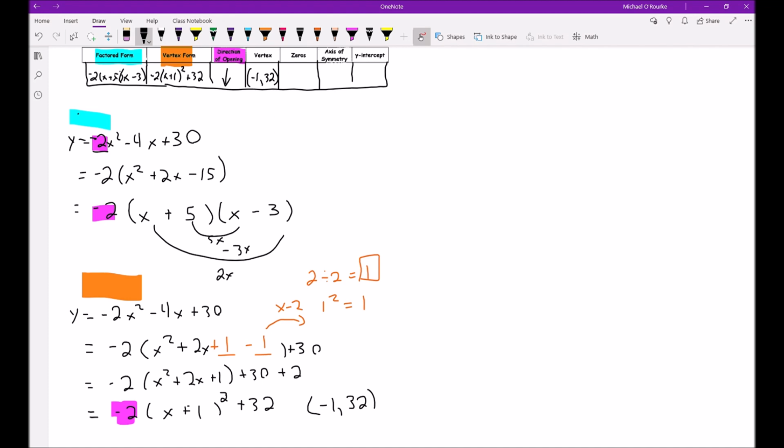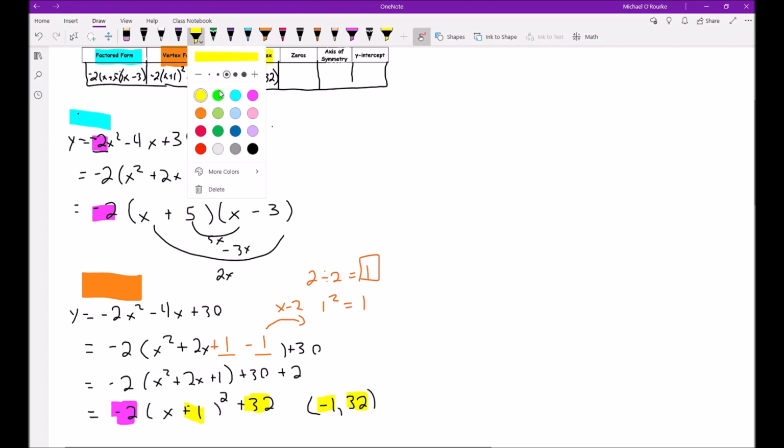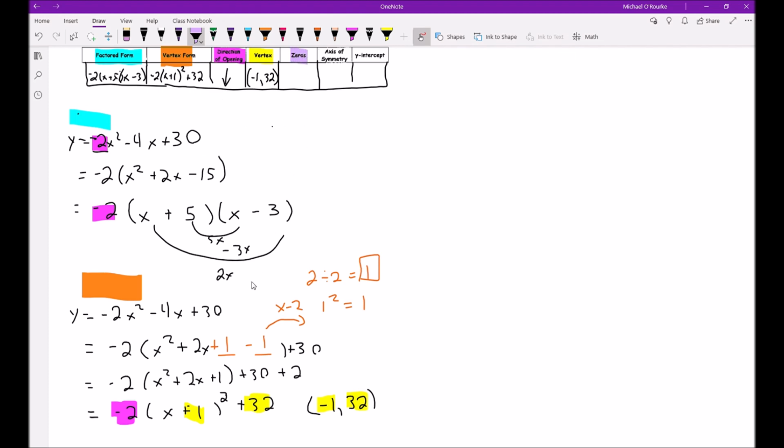Okay. What's my zeros? How do I find my zeros? Let's go back to my list here. I want my zeros, which are also called x-intercepts and roots. I can go to my factored form. That's my s and t value, or my r and s value. This here comes from here and here. And my zeros are here and here.